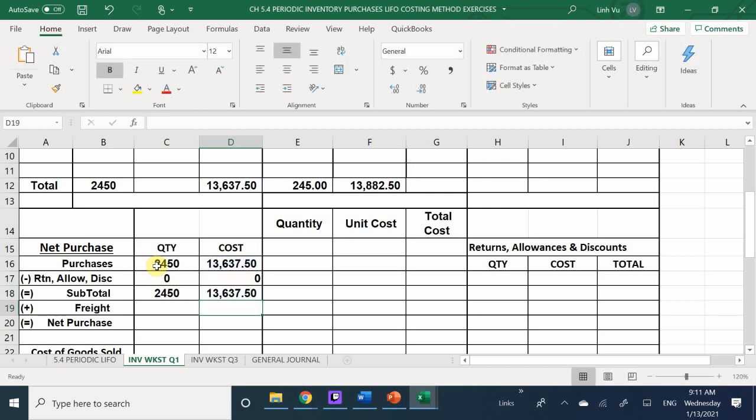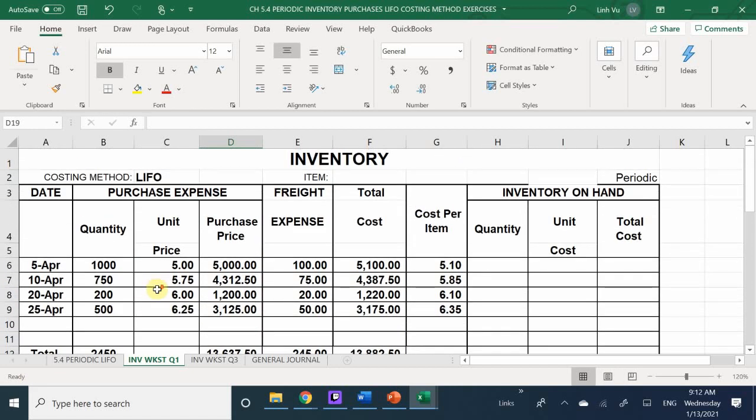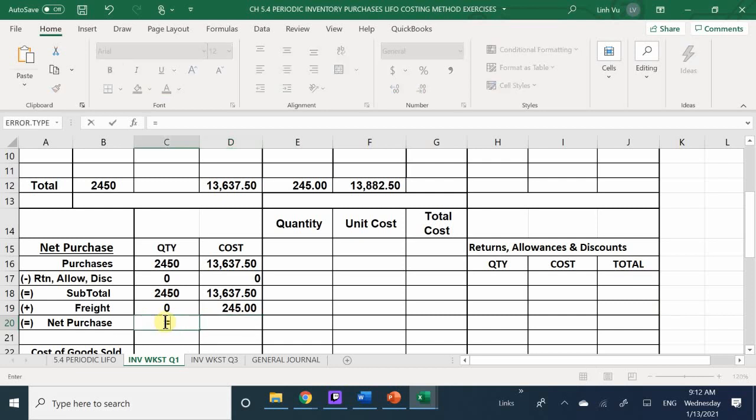Okay. And then now we need to introduce freight. Okay, so freight again has no effect on quantity, but it does have effect on the actual cost. So we know that it's $245. Okay, so we're just going to add these numbers together.